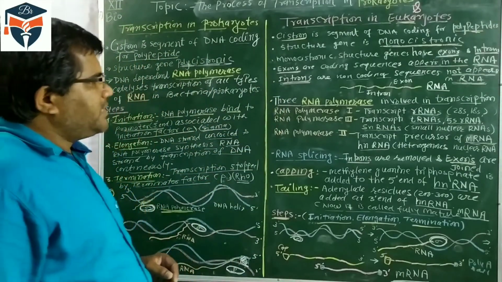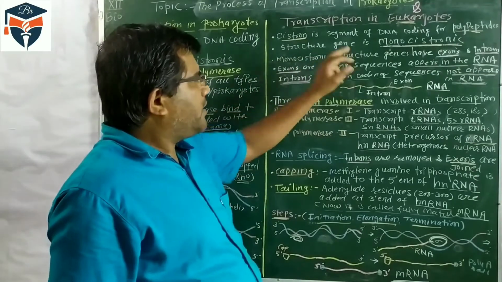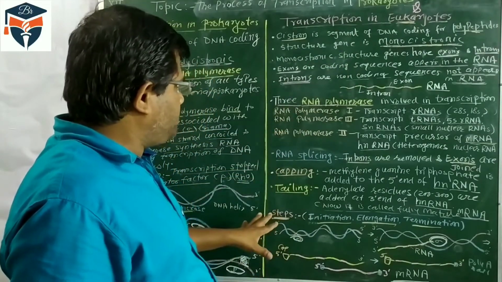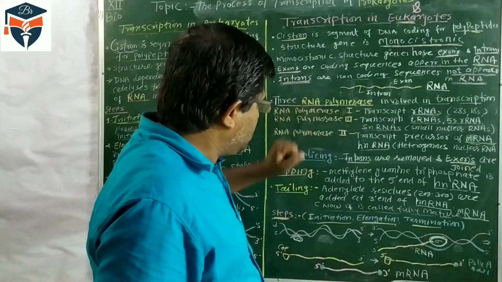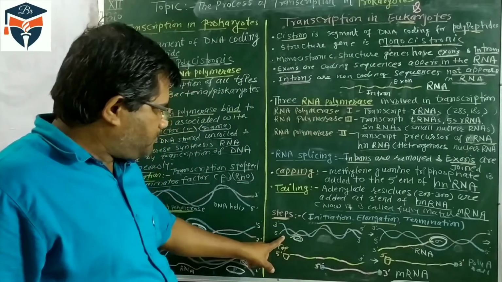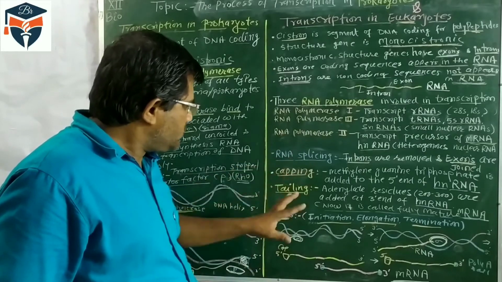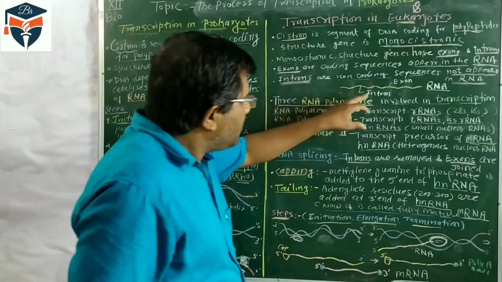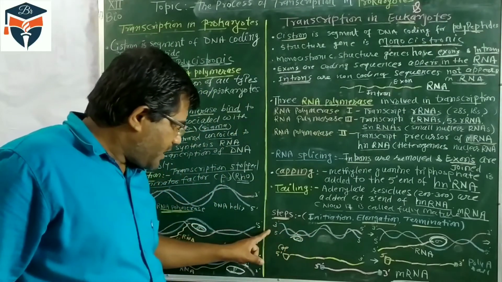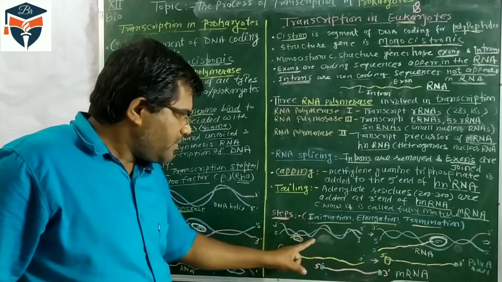Third, as I told you, it is a monocistronic gene. In monocistronic genes, there is this DNA molecule. Look at it. In a monocistronic gene, there are exons and introns. Here you will see, children, this diagram. It is the molecule of DNA.